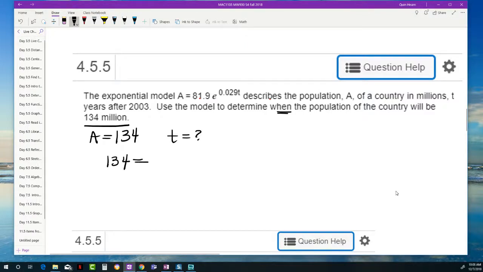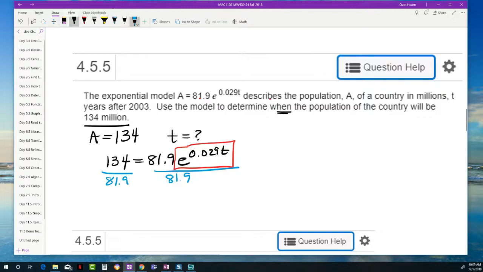So we have 134 equals 81.9 e to the 0.029t. And once again, because there's a variable in the exponent, we have an exponential equation, and we want to isolate the exponential expression first. So that means to divide. So it's the same procedure for solving these exponential equations, basically. So we're going to divide by any coefficient.